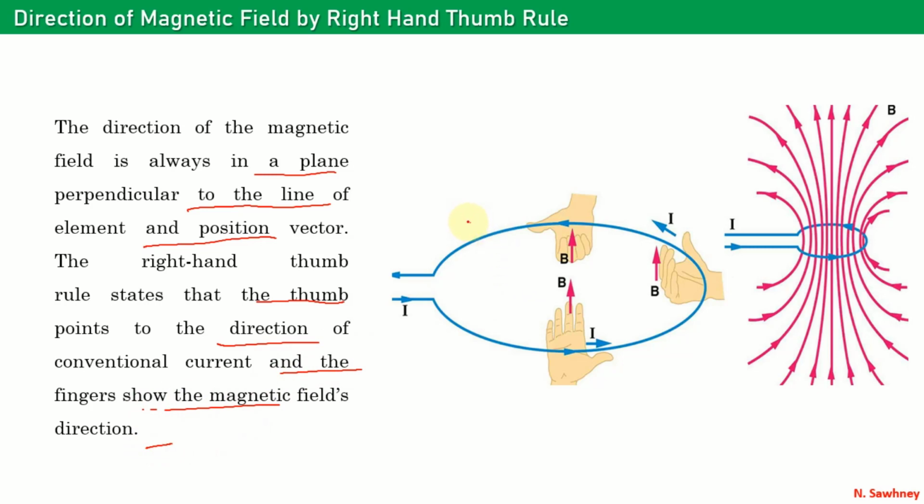I have shown here with the help of a loop that the current direction is represented like this, so magnetic field will be upwards. Similarly, we have observed at many positions in the current loop, and finally we have obtained the direction of the magnetic field, which we have just discussed.